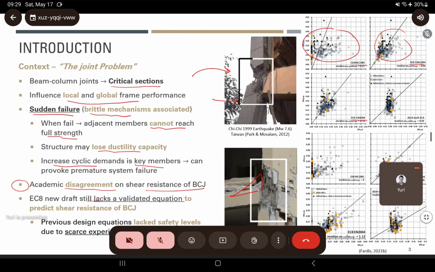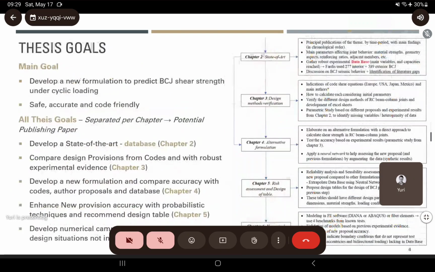Okay. And most of these equations lack experimental validation. So this is also a very important issue, okay? And due to some safety problems, these previous equations lacked some safety levels, and this is our main concern, okay?